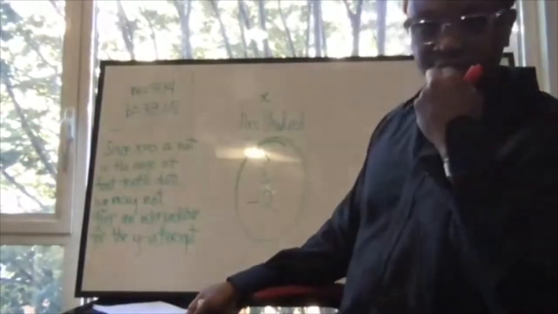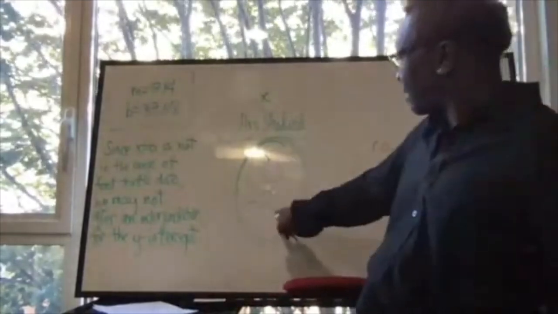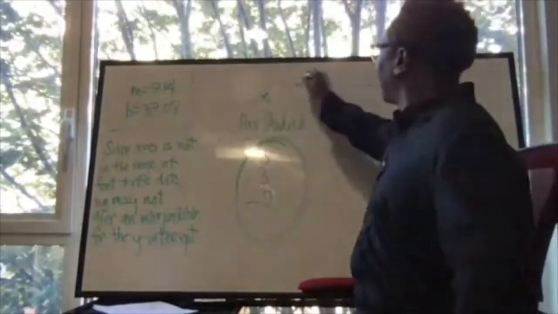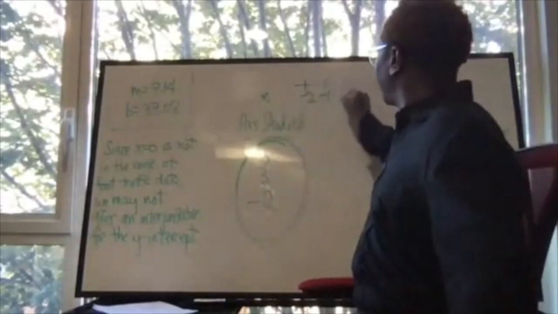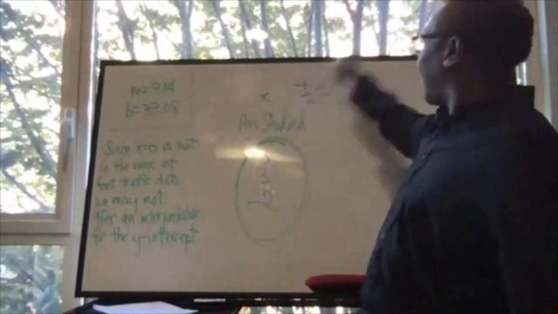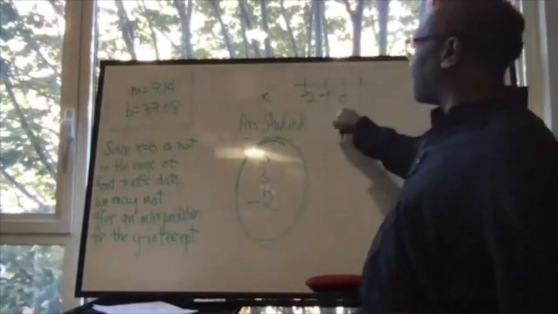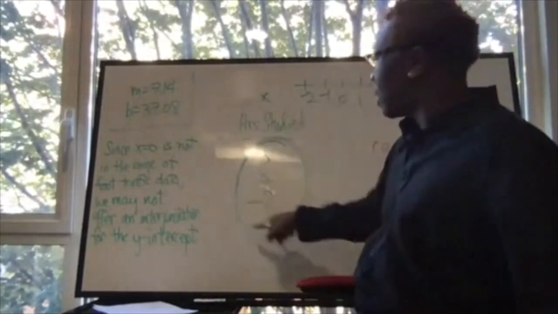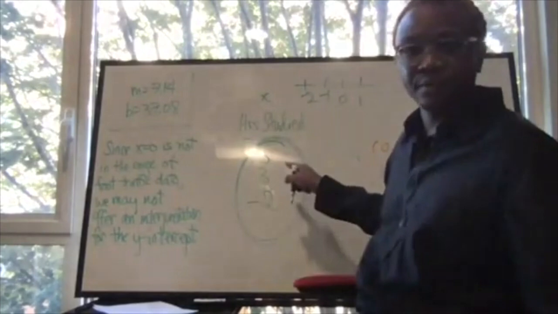Does that make sense? Because think about a number line: -2, -1, 0, 1. You see how the lower number is -2 and the higher number is 5. You see how 0 is still in that range, although you don't see the number 0, right?